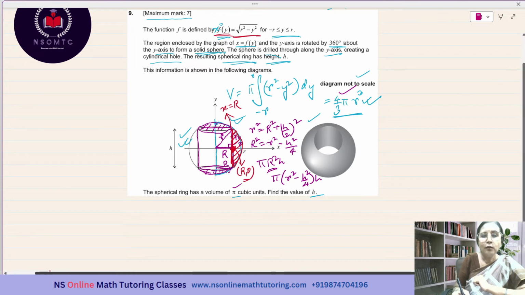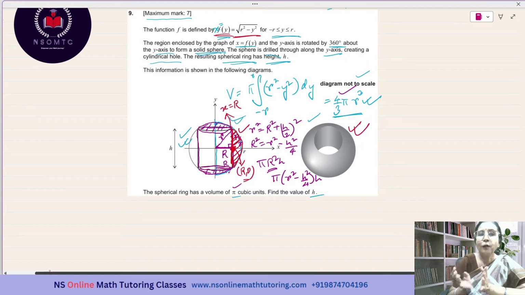If you rotate this region, which is enclosed between these two function graphs, one a vertical line and another the curve, about the y-axis through an angle of 360 degrees, you will get this shape, the spherical ring.